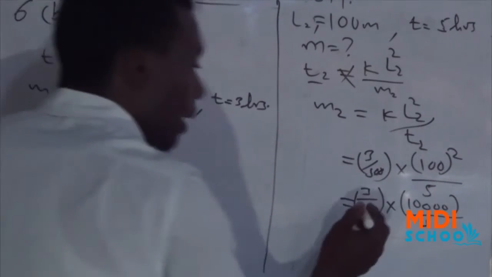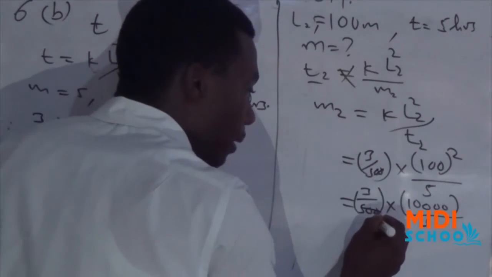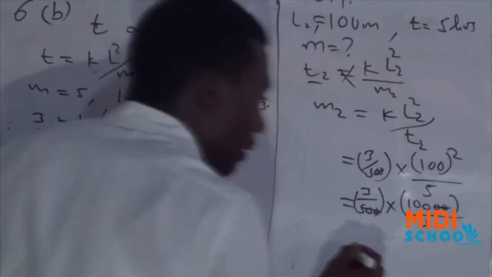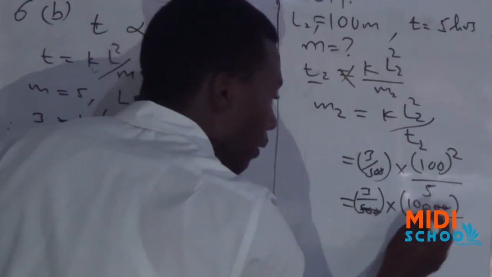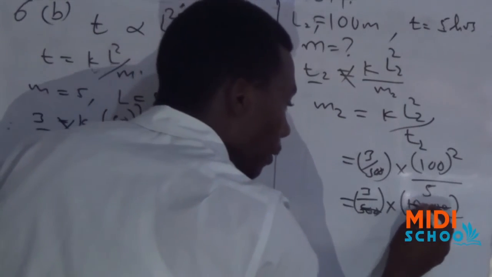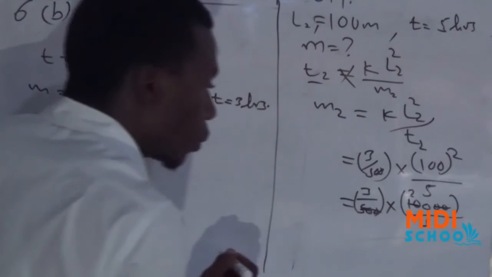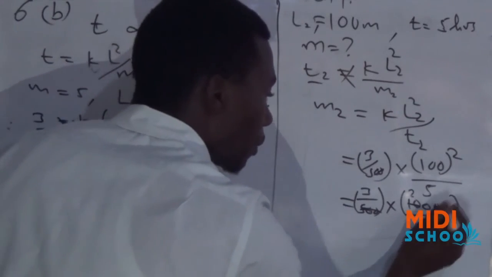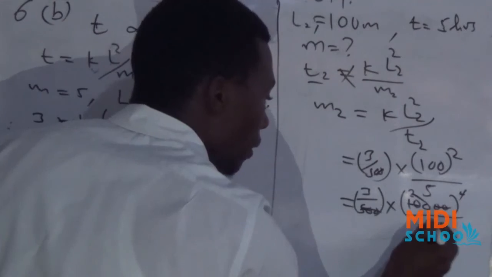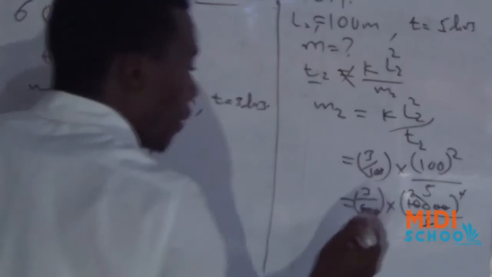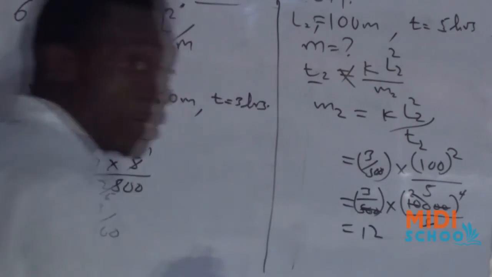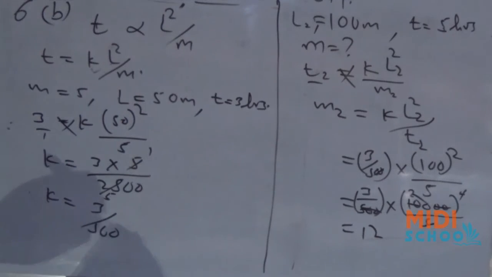By saying so, this cancels with this, and this cancels with this. This one will yield 20, and 20 divided by 5 yields 4. So the number of men will be 12.